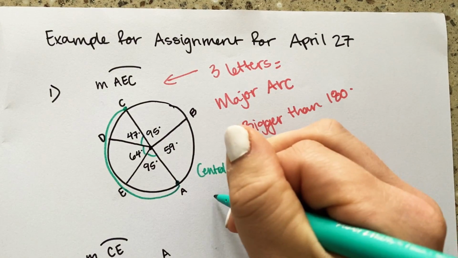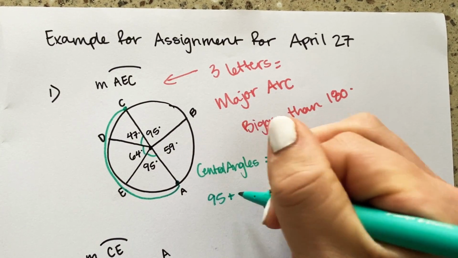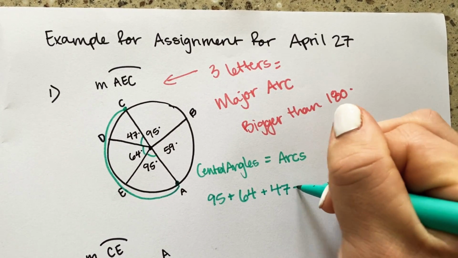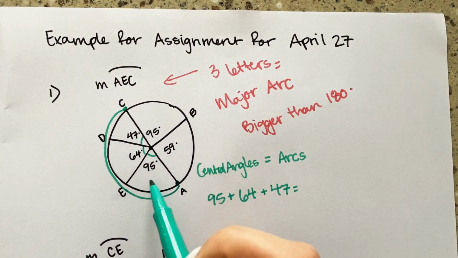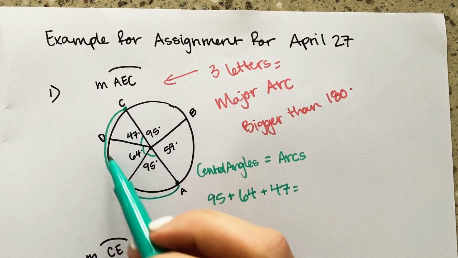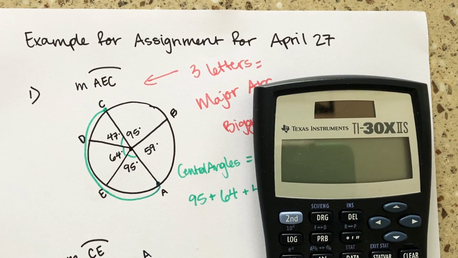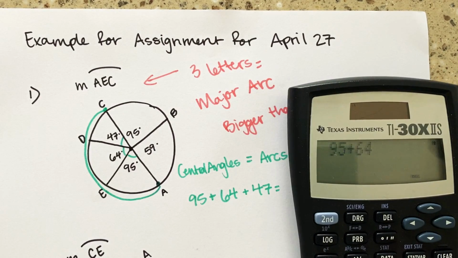So we have 95 plus 64 plus 47, and that's going to technically give us that angle, right? But the angle also equals the arc. So we can go ahead, put that in our calculator. 95 plus 64 plus 47.